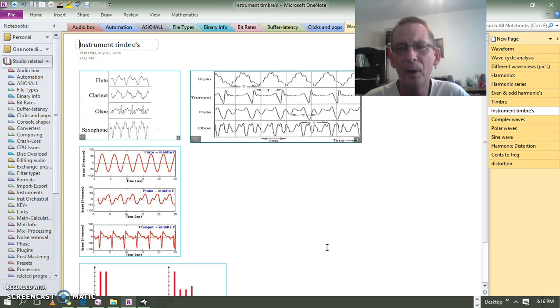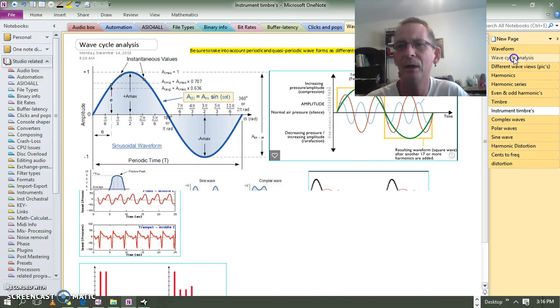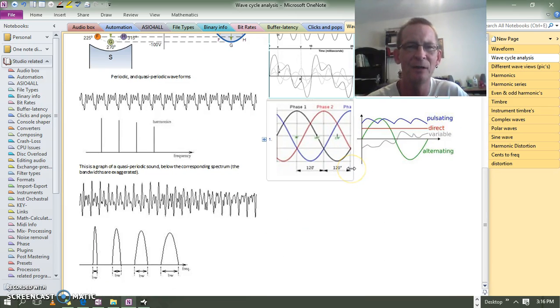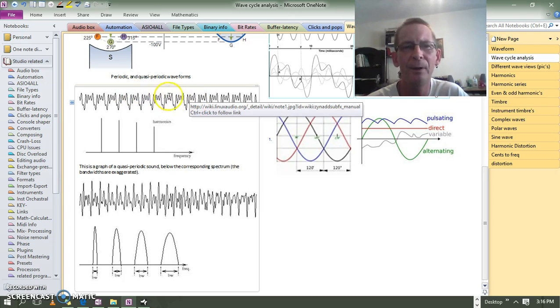The other part that you need to understand about a timbre is the quasi-periodic nature of it. Let's say you've got a periodic waveform that you created on the synth or some patch, and it looks the same all the way across. Well, most timbres are not periodic.